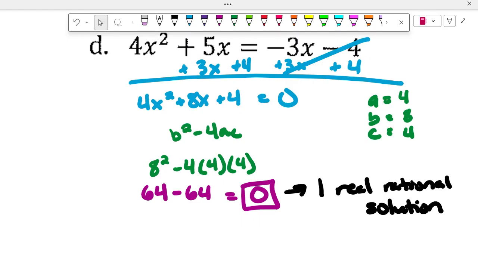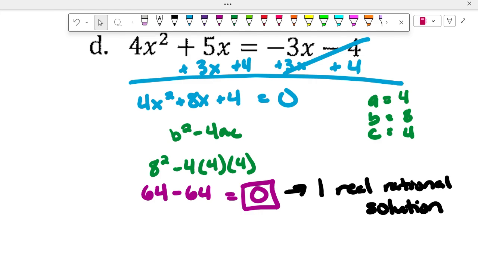The vertex is not necessarily the origin, but you're close. Not the y-intercept, but you're close. The x-intercept. When the vertex is your x-intercept, that is the only time you'll end up with only one solution.